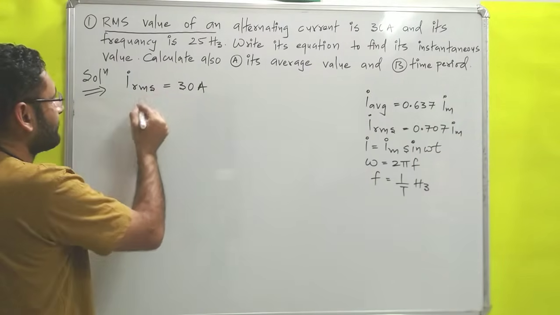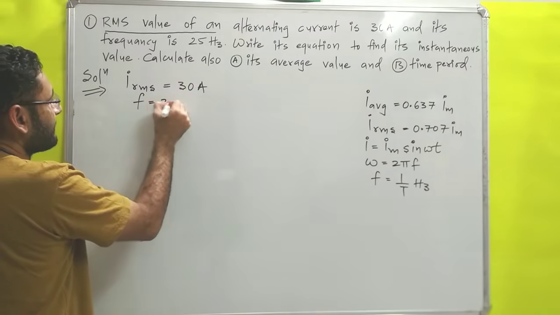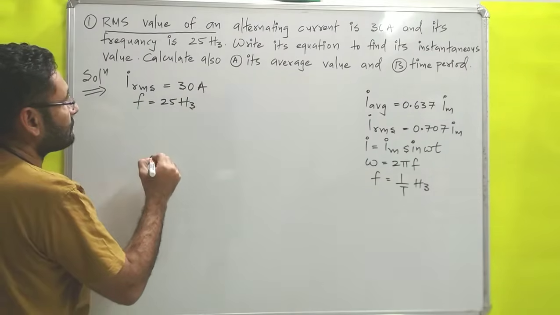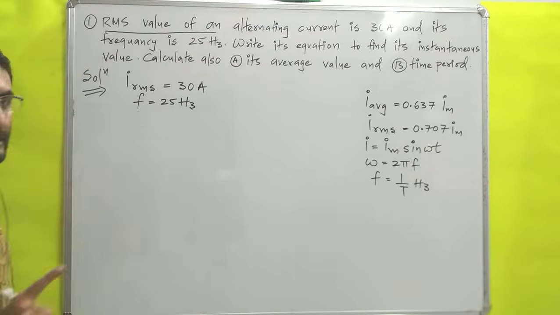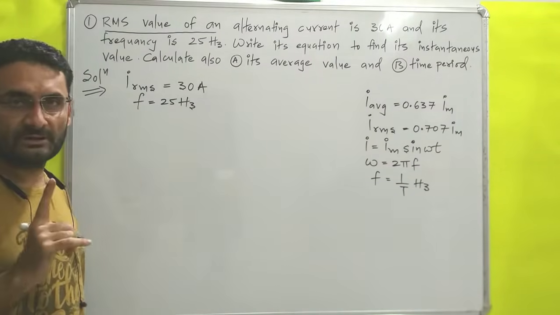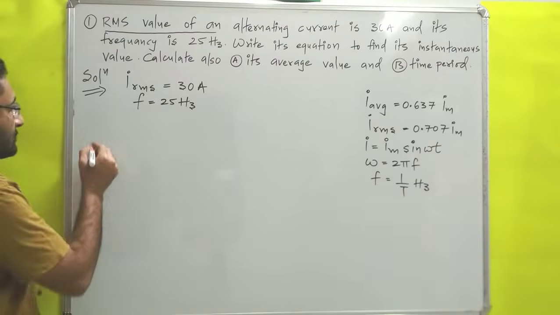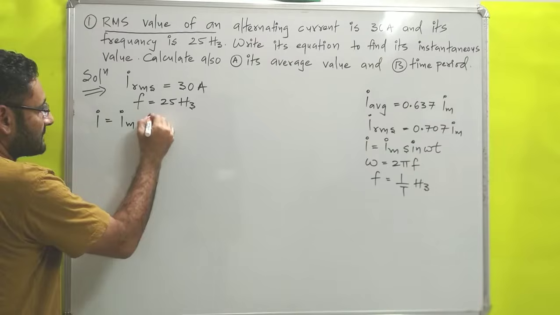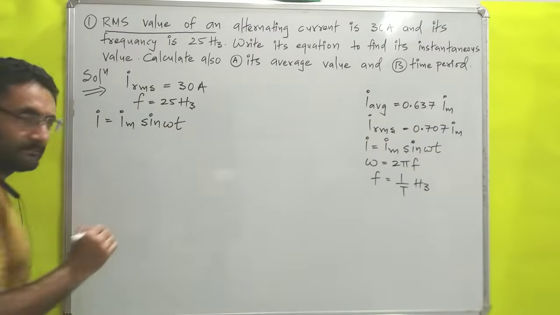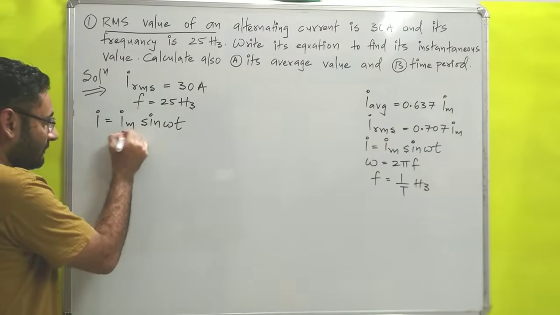So I RMS is 30. Next, the frequency f is given, which is 25 hertz. Next, write its equation to find its instantaneous value. That means you have to write down the equation for the current. The equation of the current is I equals Im sine omega t, in which you have to calculate the value of Im.